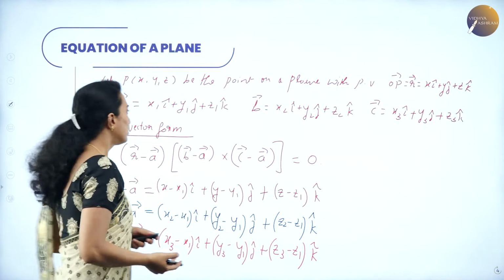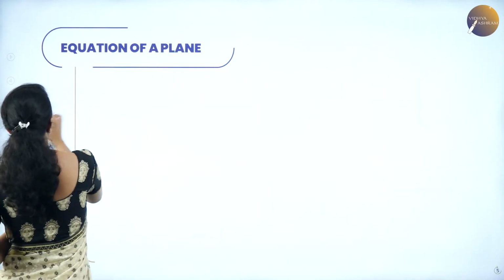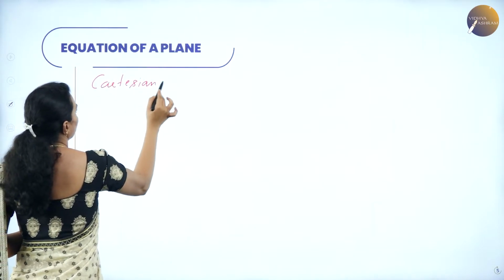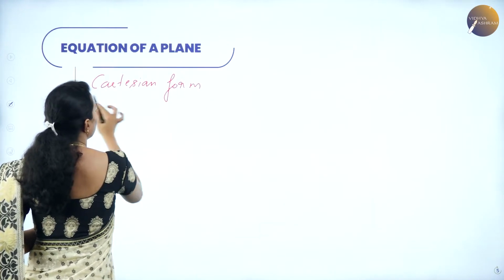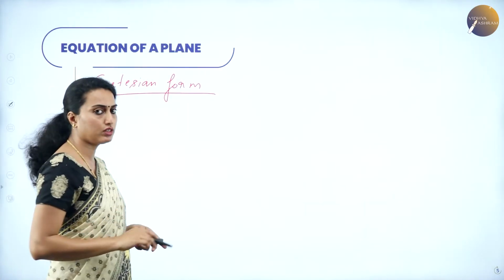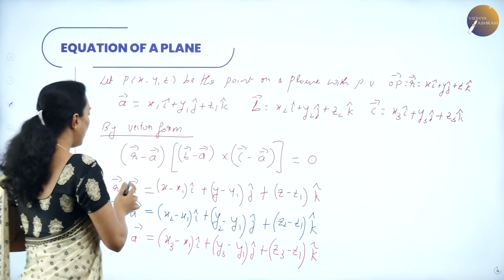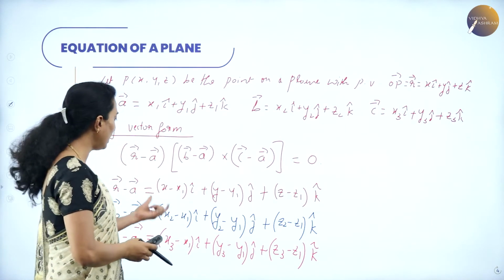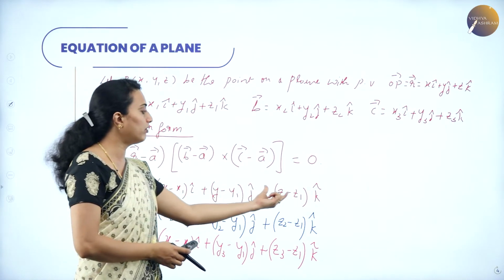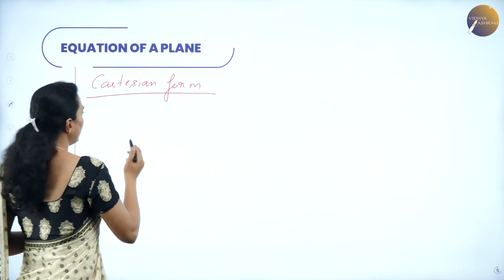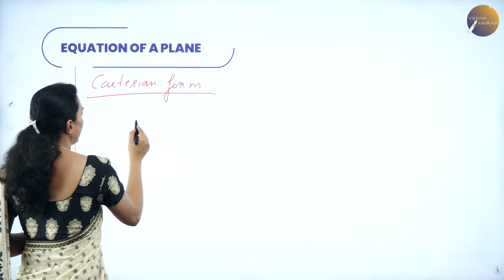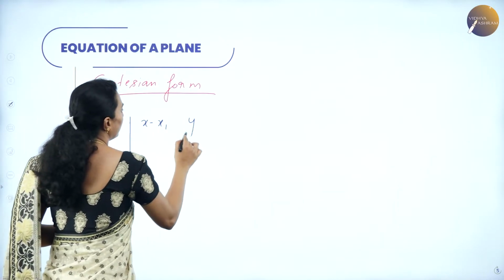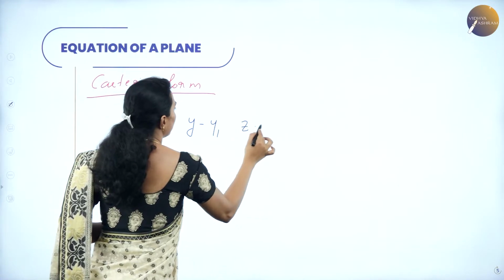Now, you can have the Cartesian form. The Cartesian form is nothing but writing the first row as R vector minus A vector, the coefficients of ijk: x minus x1, y minus y1, z minus z1. Which implies the determinant of x minus x1, y minus y1, z minus z1.